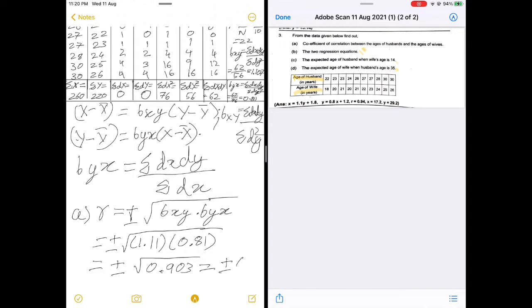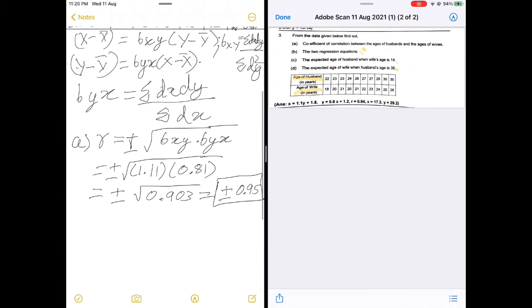I have done this on Excel, so it comes to plus minus 0.95. Okay, so we have got the first answer, 0.95. This is the coefficient of correlation. So always write a sentence below to mention your answer: the coefficient of correlation is equal to 0.95, which is a high correlation in fact.